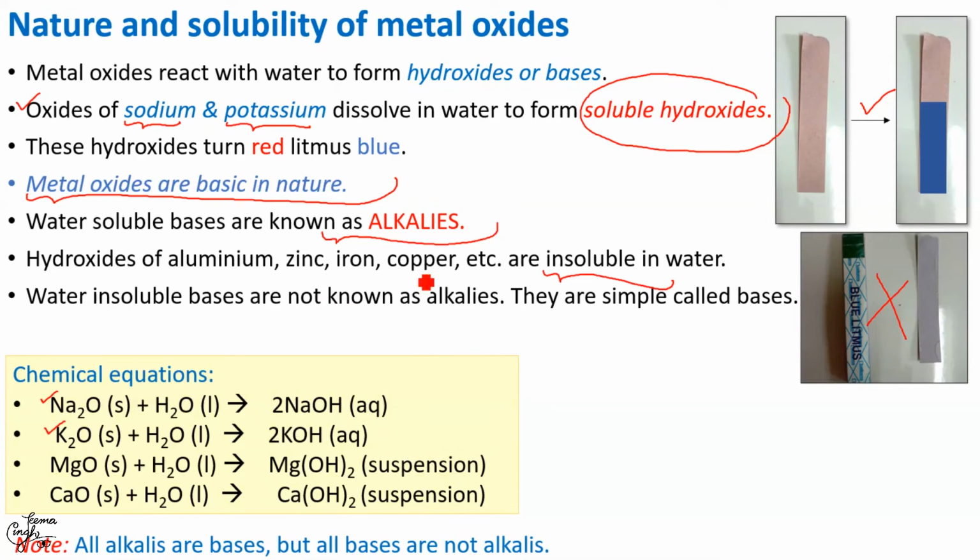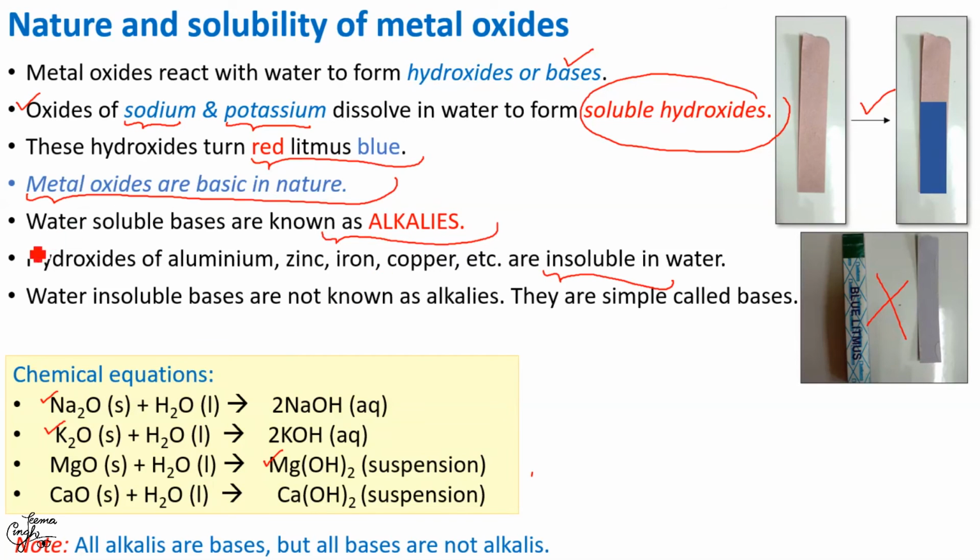For example, hydroxides of aluminium, zinc, iron, copper are insoluble in water. They form suspension. Magnesium hydroxide, known as milk of magnesia, is insoluble or slightly soluble in water and remains suspended. All these metal hydroxide turn red litmus blue and thus are known as bases.